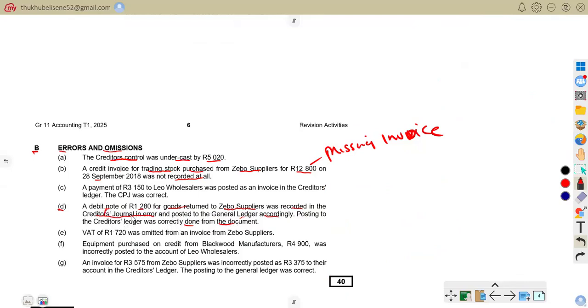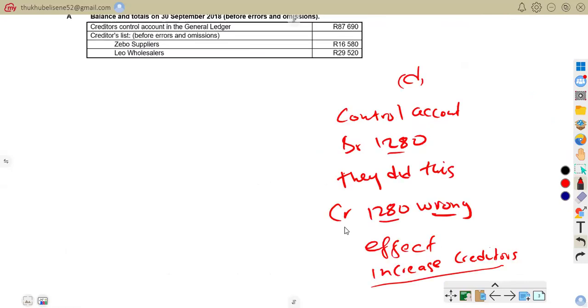So it means it was credited. Once it's credited, it's going to increase the creditors, while it's supposed to reduce the amount that the business owes. So this is the error that had happened.